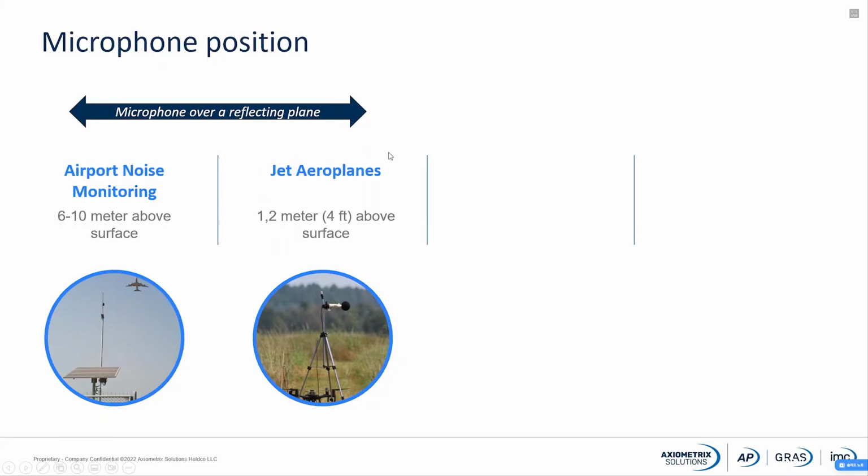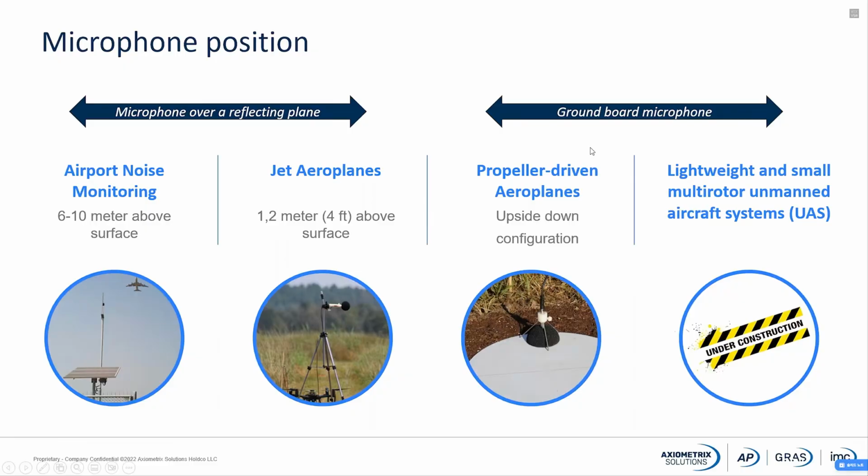When it comes to jet airplanes or commercial jet planes, the standard for certification is talking about 1.2 meters or 4 feet above the surface. And when it comes to propeller-driven airplanes, then we talk about an upside-down configuration of the microphone.